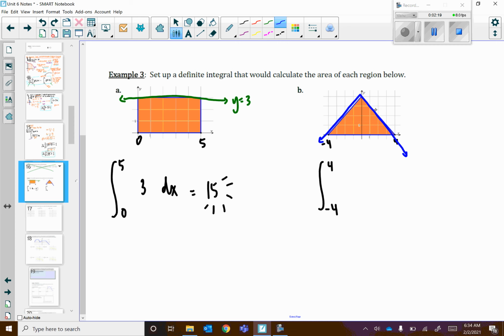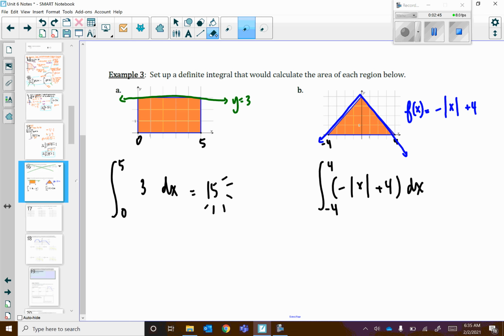It has a slope of 1, and it's been moved up 4. So f of x is equal to the opposite of the absolute value of x plus 4, which means that's what we are taking the integral of, always with respect to x, dx. That's kind of like our delta x there.